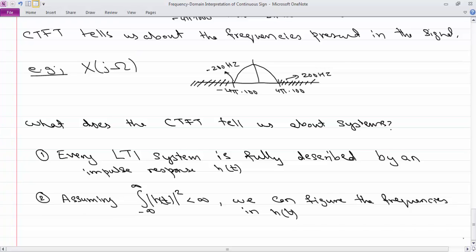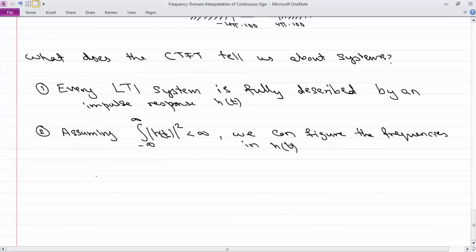How do we figure that out? We simply take the Fourier transform of h of t. When we compute the Fourier transform of h of t, we get H of j omega. And when we look at H of j omega, we know which frequencies are present in h of t.